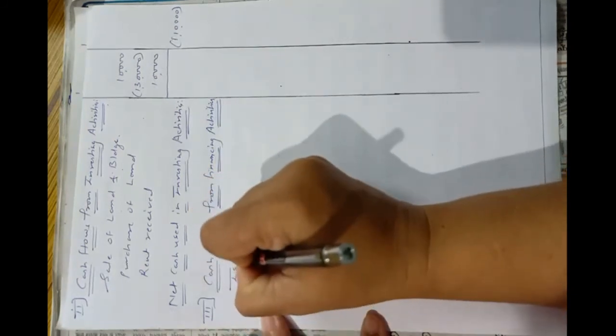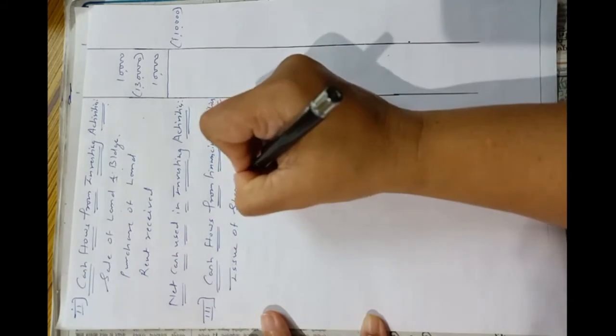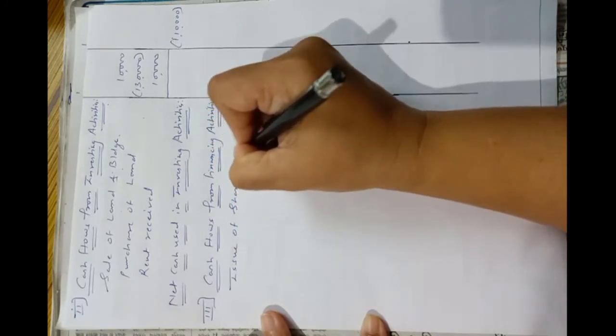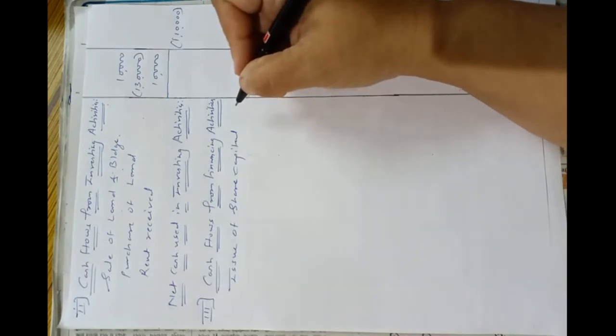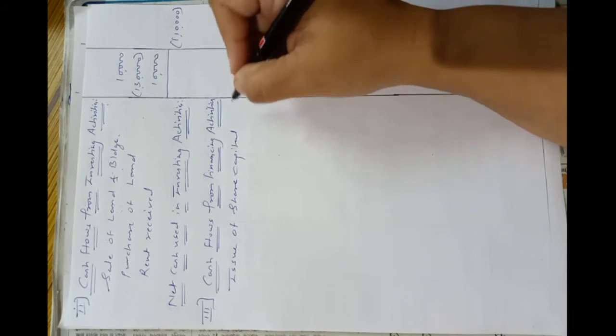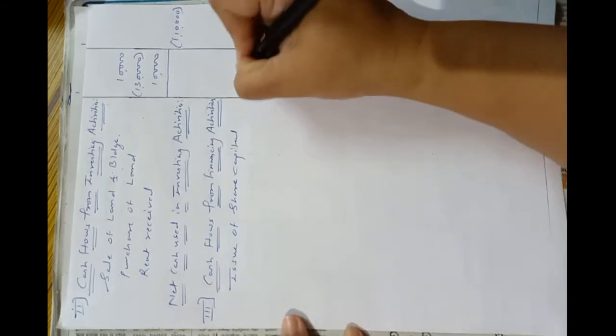So issue of share capital. See the difference between amounts. Share capital amount was 4,50,000 and now it is 5 lakhs, so 50,000 positive as we are receiving cash.